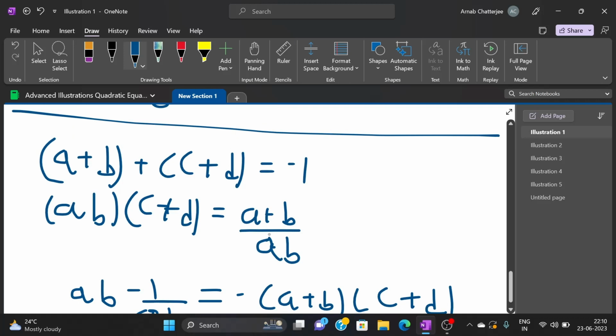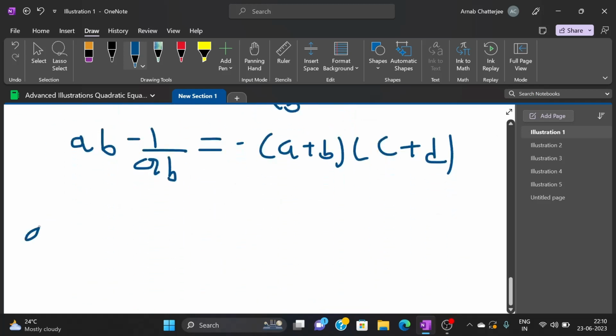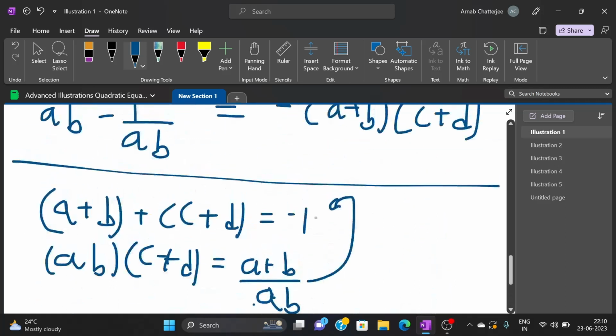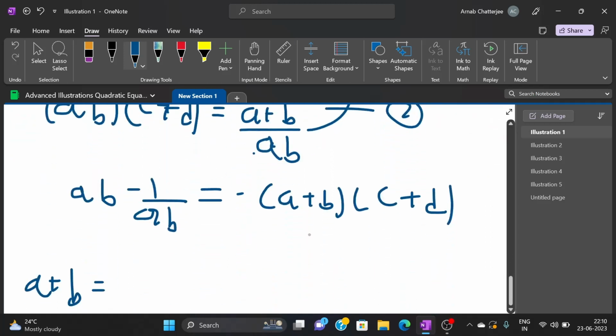First I will substitute A plus B in terms of C plus D in this equation, and then I will obtain C plus D, and as soon as I obtain C plus D I will have my A plus B. Let us say this is my equation 1, this is equation 2, and this is equation 3.